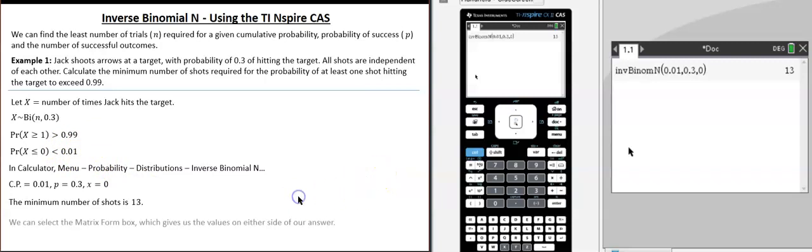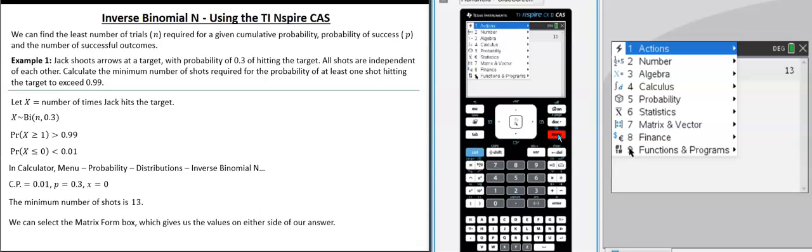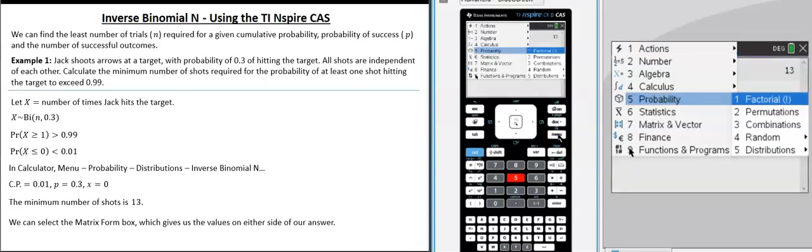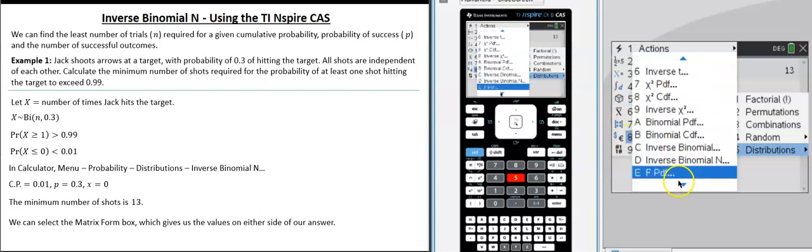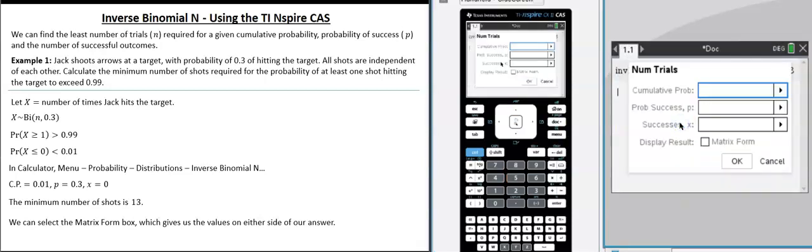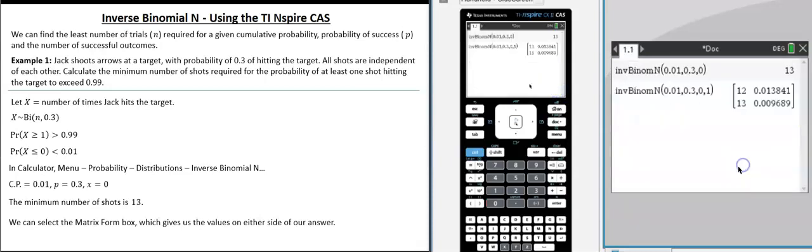Now, if we wanted to have a look at the matrix form box, so we go through the same process. If I select this box, then it actually gives me two values.